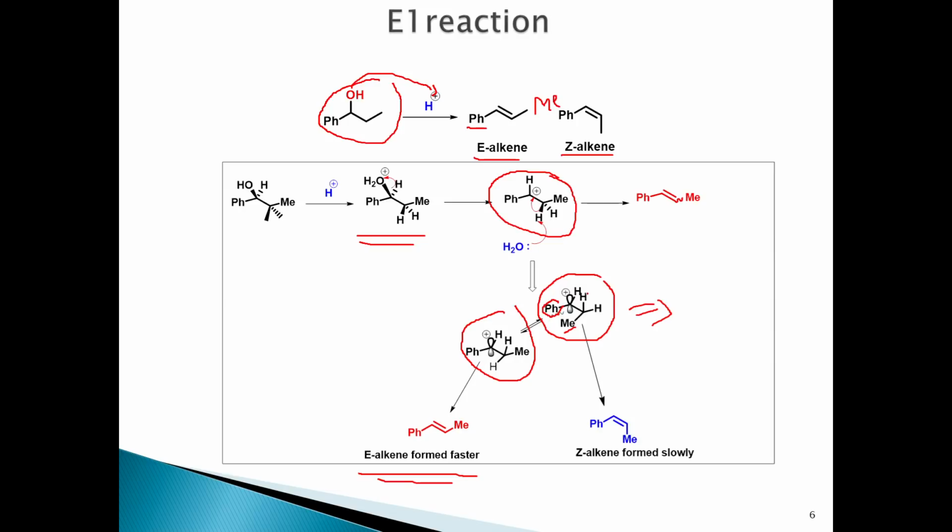So the activation energy of this intermediate is very high. Because of this it is not favored and our E alkene is formed. No doubt if you have a higher temperature, then this activation energy will be reached and we can have this product as well, but at lower temperatures we'll have E alkene as the major product.